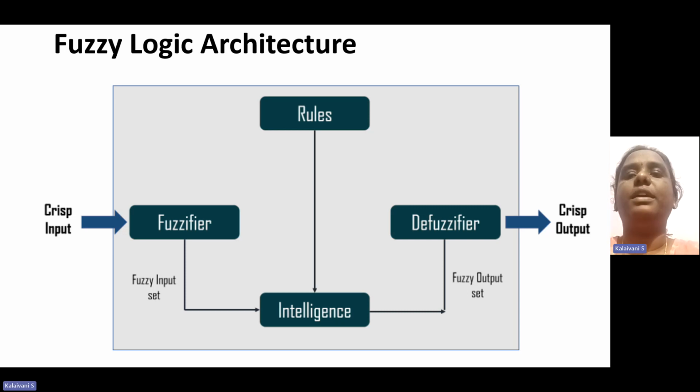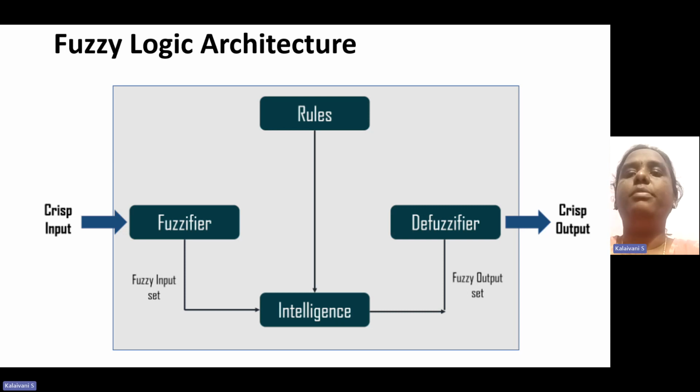Next comes the fuzzifier. The fuzzifier is a component that takes crisp input, and it will classify it into five classifications as I stated in the previous slides: possibly yes, mostly yes, cannot say, mostly no, and possibly no. In these five categories it will categorize the inputs which it got, and based on the classification it will produce the fuzzy input set.